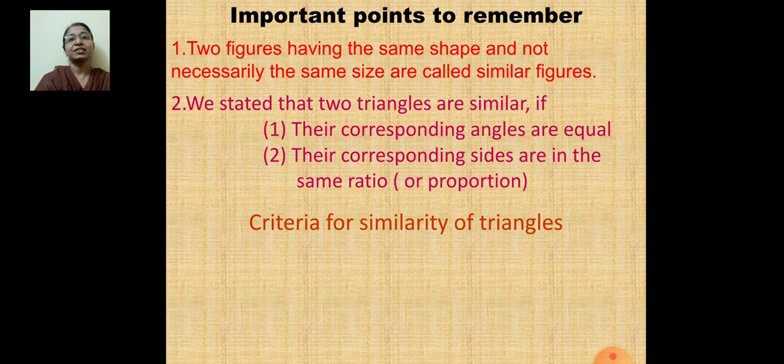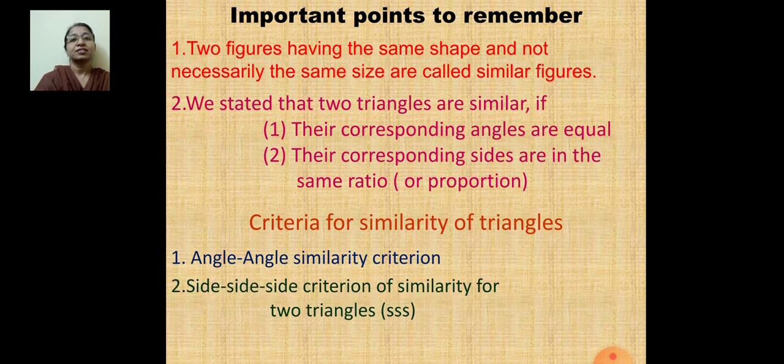Criteria for similarity of triangles. First is the angle criteria, in which two angles of one triangle are respectively equal to the corresponding two angles of the other triangle. Second, the side criteria, in which all three sides of one triangle are proportional to the corresponding three sides of the other triangle.